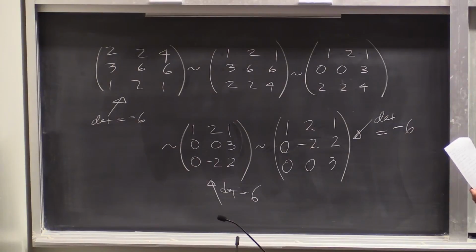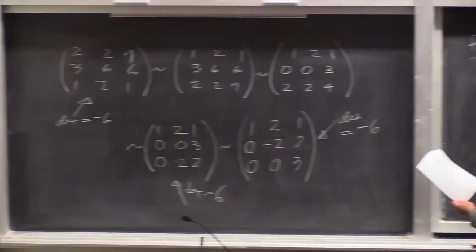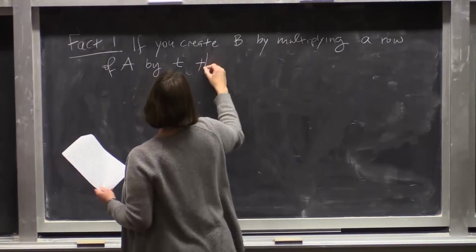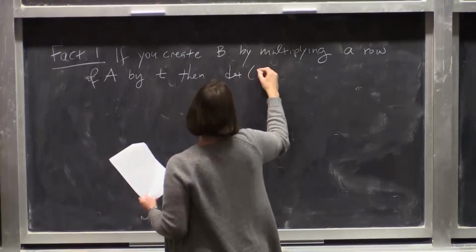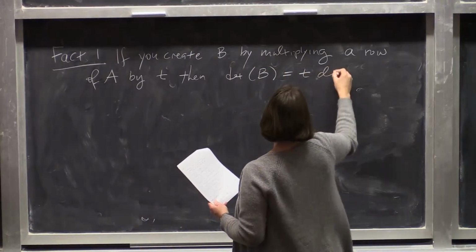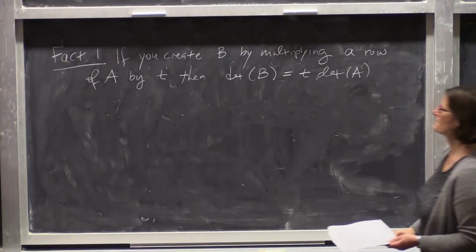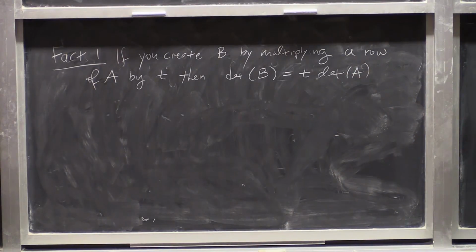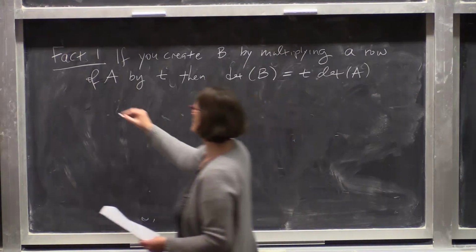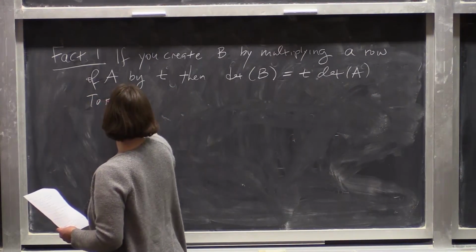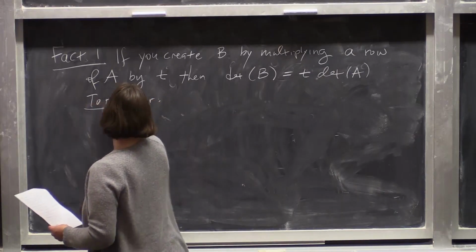Fact 1: if you create B by multiplying a row of A by T, then the determinant of B equals T times the determinant of A. That's a fact, and we'll be able to prove it. Okay, how can you remember it?